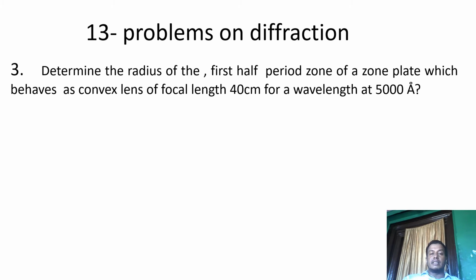Next: determine the radius of the first half period zone of a zone plate which behaves as a convex lens of focal length 40 centimeter for a wavelength of 5000 angstrom.